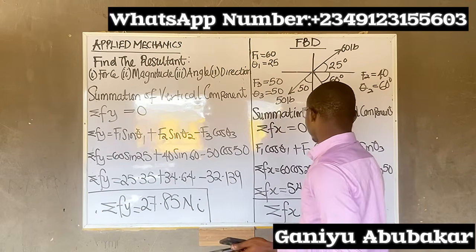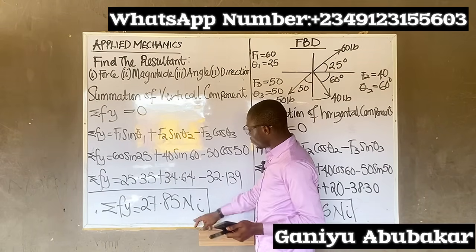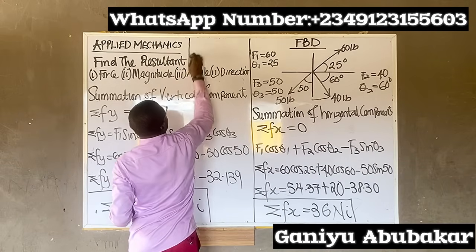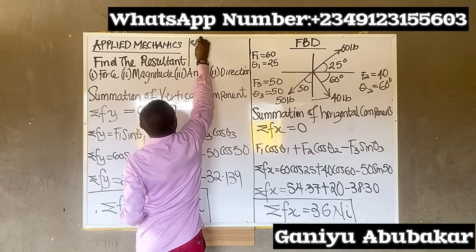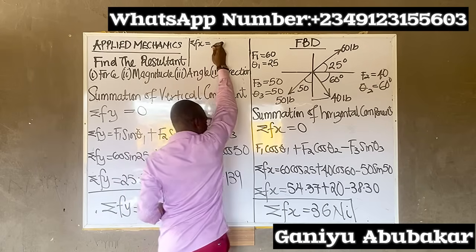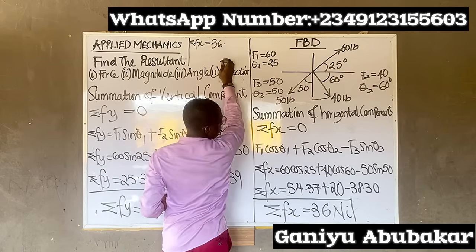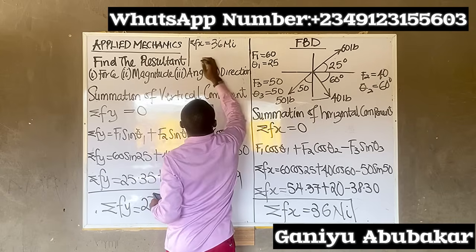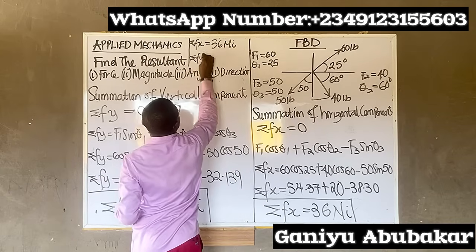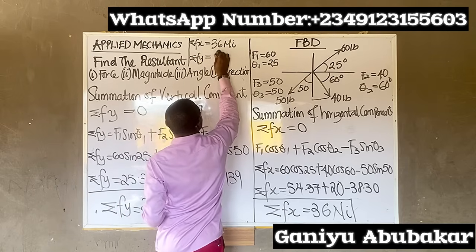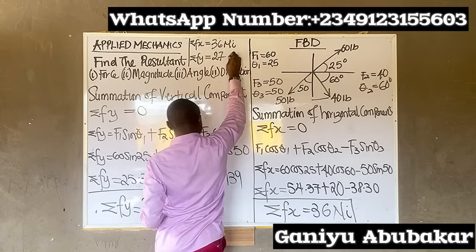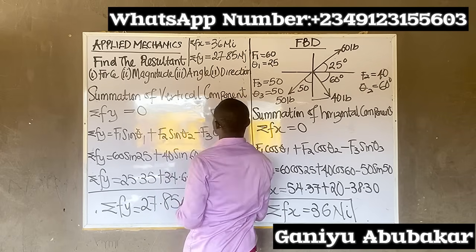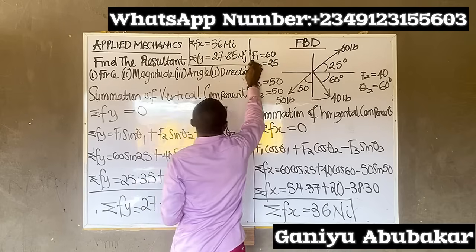So I won't erase these two values. Okay, perhaps let me come here. Let me just put the value here. Summation f of x gives about 36 Newton I, and summation f of y gives about 27.85 Newton J. Alright, I've gotten the values of f of x and f of y.